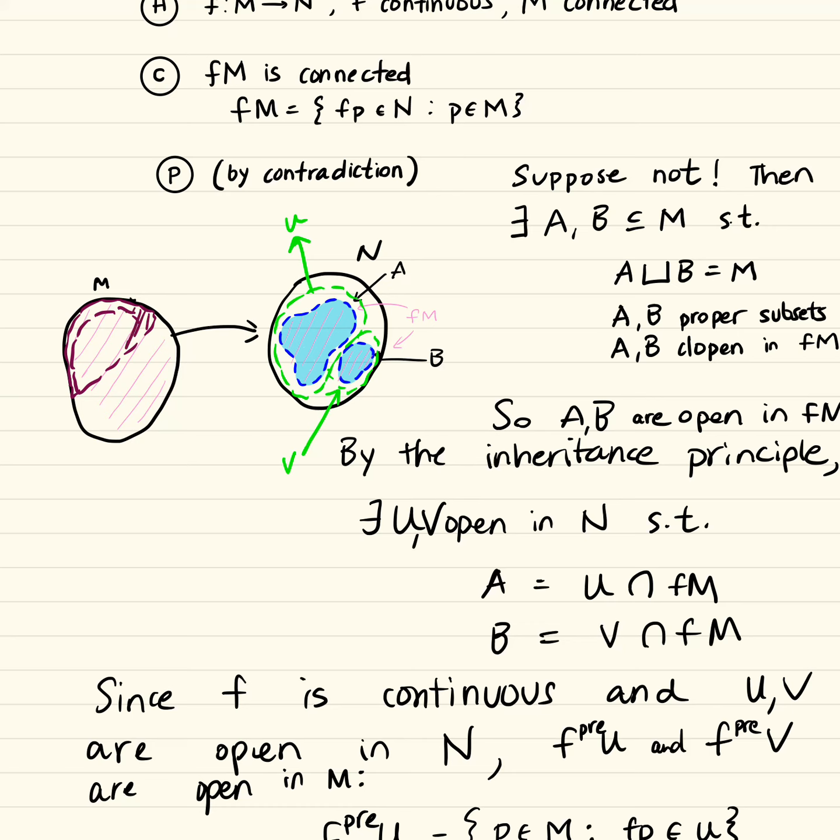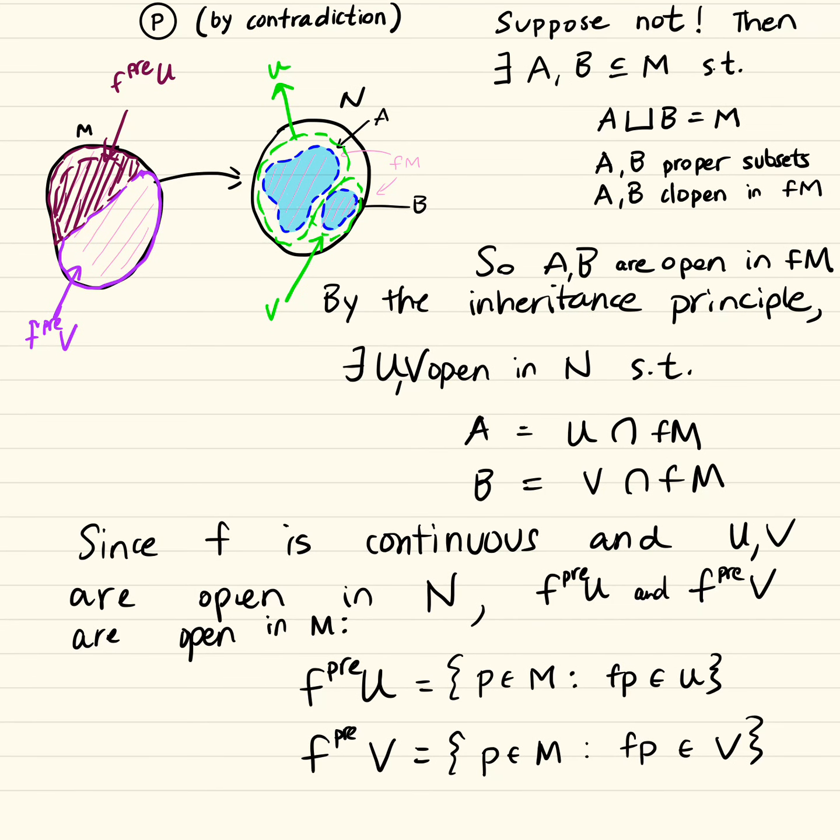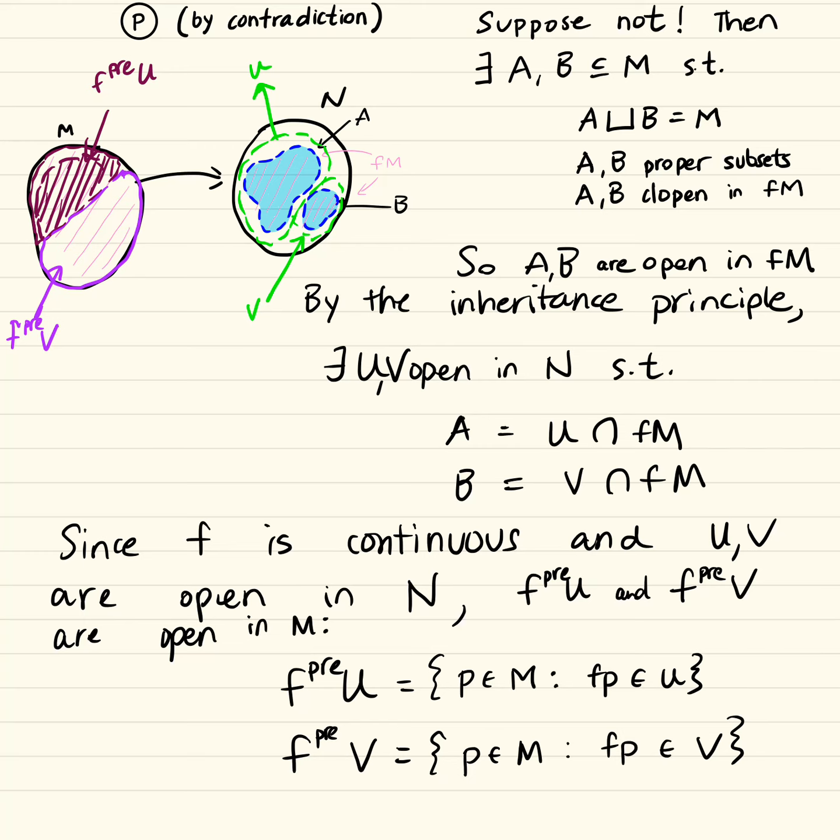What we're going to say is these two open sets actually form a disconnection of M. So that can be f pre U, and then we can have f pre V. Now, the claim is that M equals f pre U disjoint union f pre V.